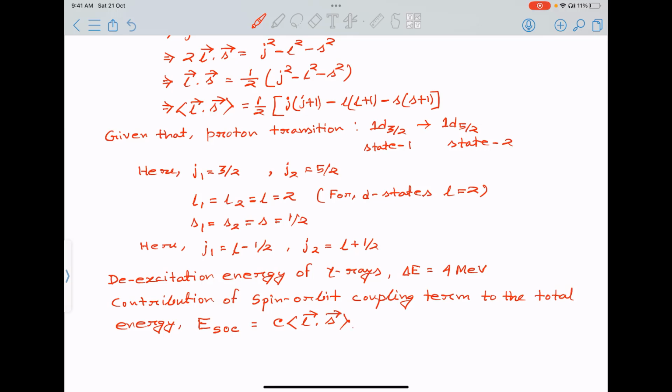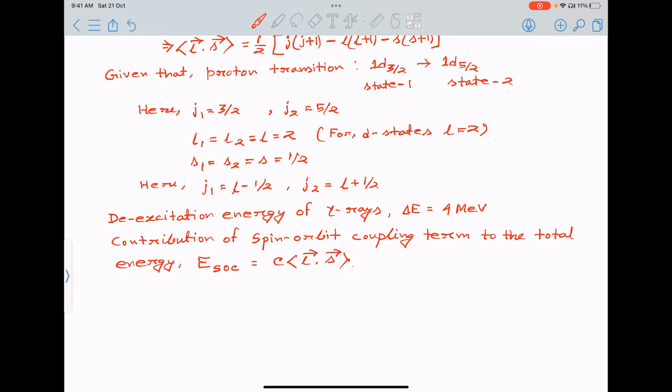So the energy difference delta E, we can write in the form of this spin orbit coupling energy for this transition as C times L dot S for state 2, which is J2 equals 5/2, minus L dot S for J1 equals 3/2.